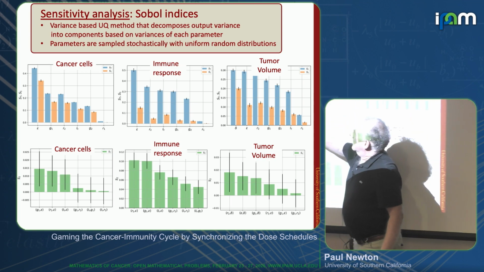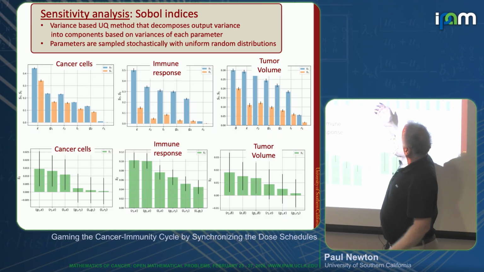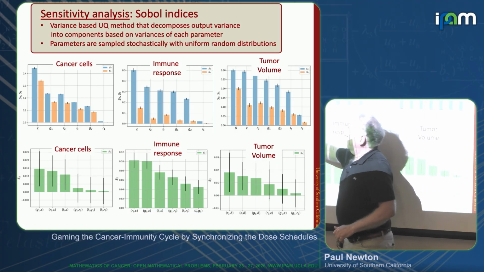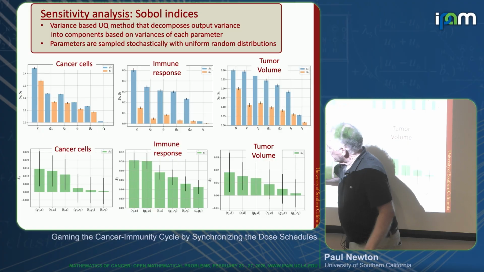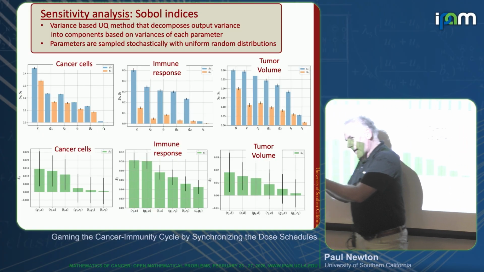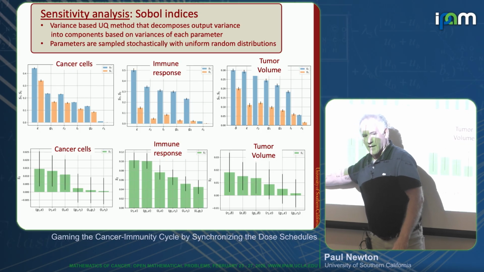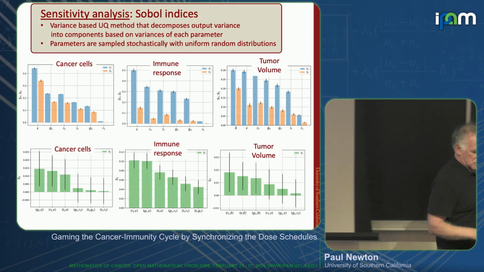So here I'm showing the sensitivity of the cancer cells, the immune response, and the tumor volume for the first order Sobol indices, meaning each of the variables is varied independently. And then I'm showing the second order, meaning when you combine the variance associated with two of the parameters, how does that change?